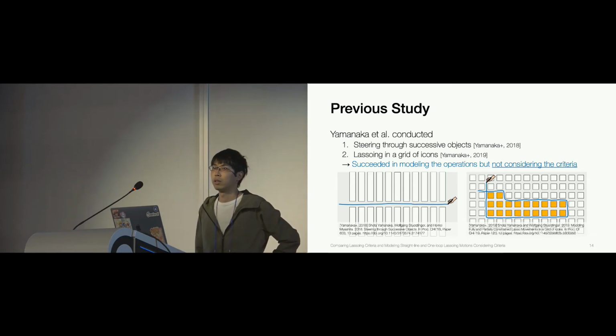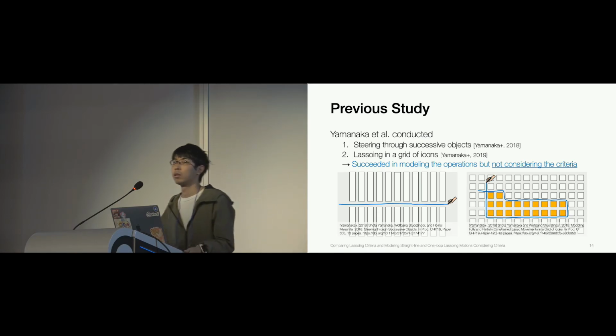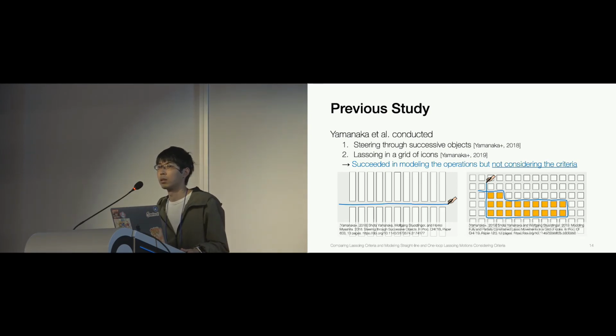There are some objects, obstacles, or dead ends. So you need to move this way, and those kinds of movements could be modeled. I can understand that any kind of shapes could be modeled for lassoing, so those kinds of applications could be tested as to whether the model fits or not.